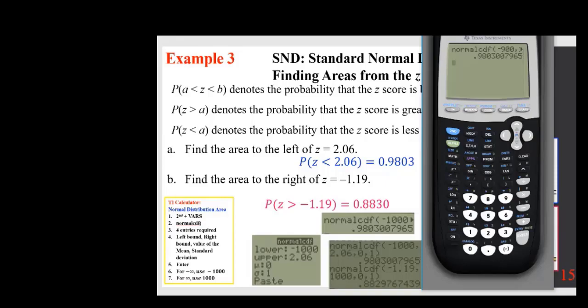And for the next one, second was normal CDF. Again, we are using now for the second one, the probability of Z larger than -1.19. So now the lower limit is -1.19.